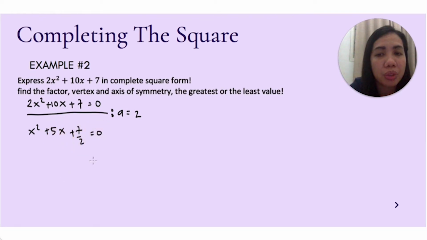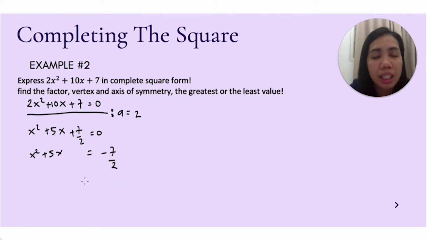Then we continue to the next step, which is to move this c to the right side, or in other words, we subtract both sides by 7 on 2. So here, x squared plus 5x equals minus 7 on 2. And then we need to add both sides with half of b, squared.